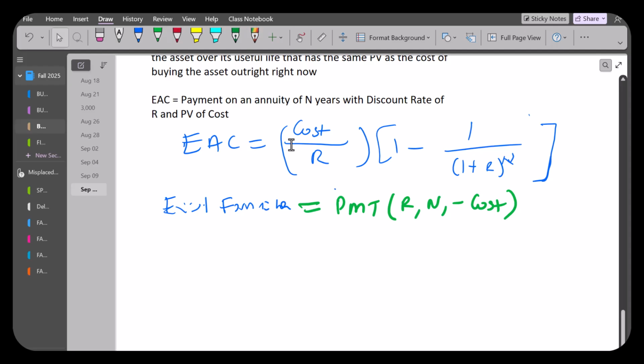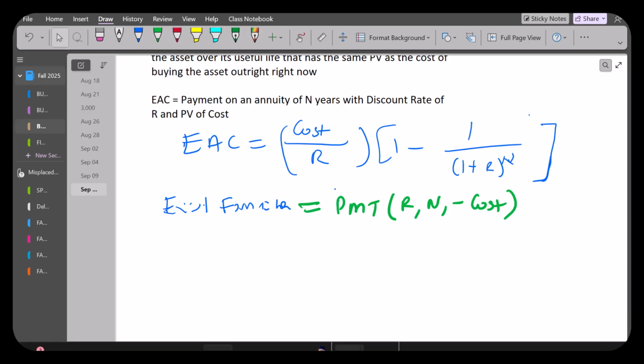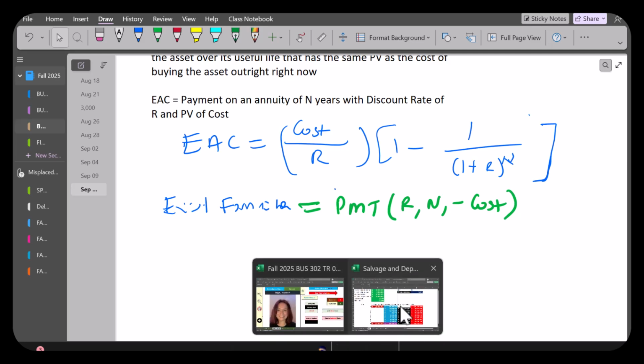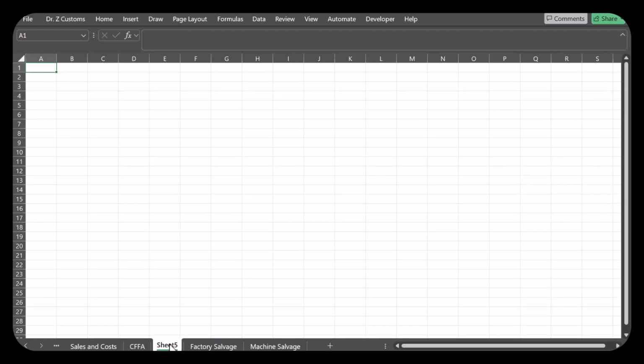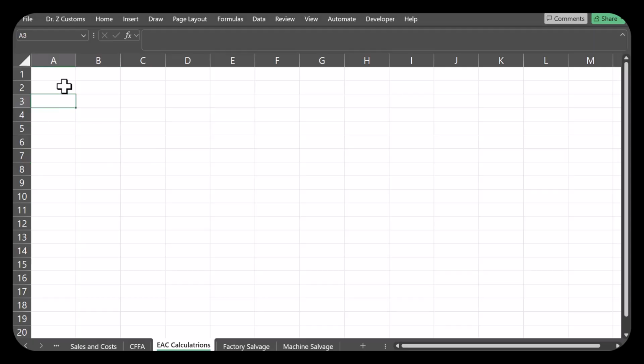So if I did this, let's do a separate table. So I have choices, life, cost.